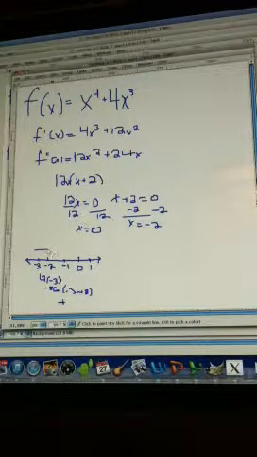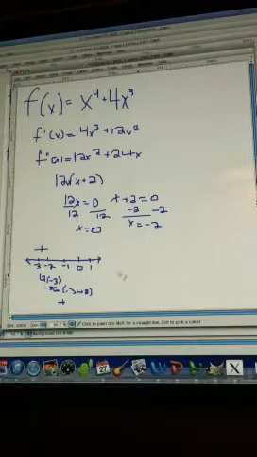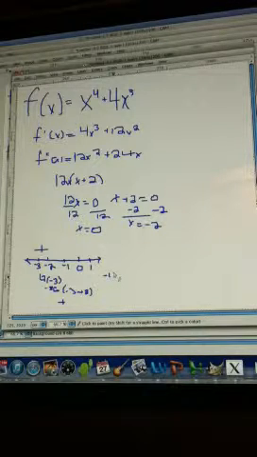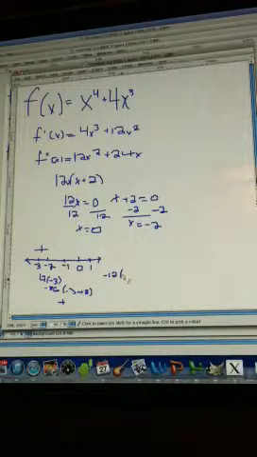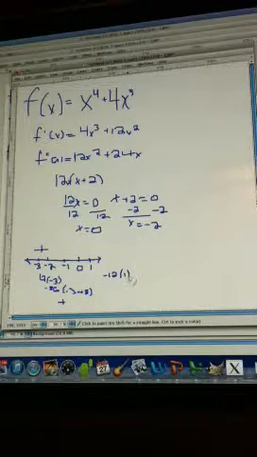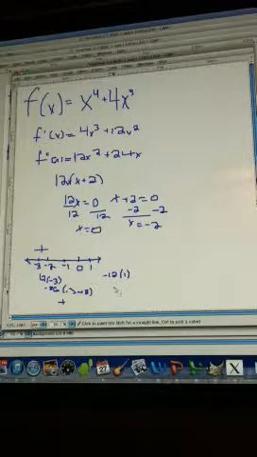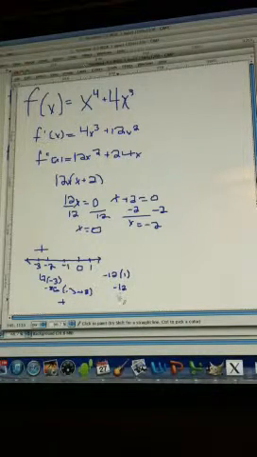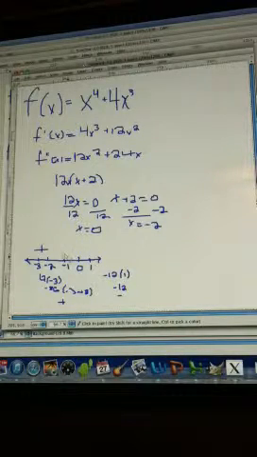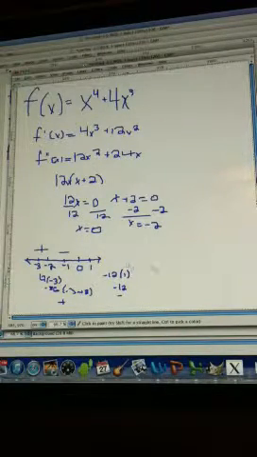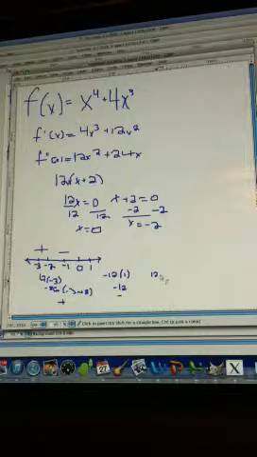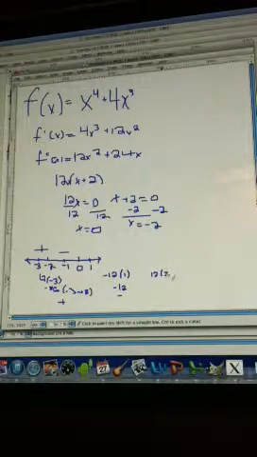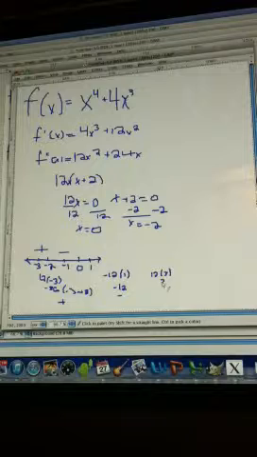So you get a positive here. And you plug in negative 1. So you get negative 12 times positive 1, and that gives you a negative. So in between here would be negative. And then you plug in your last point of 1, which gives you 12 times 3, which is 36, and that's positive.